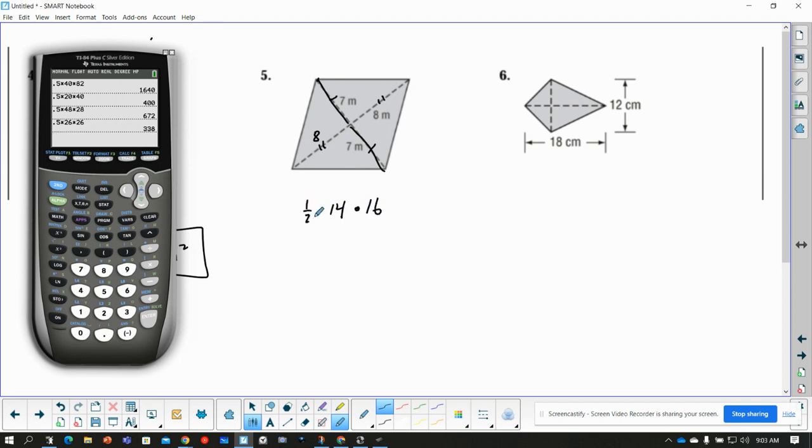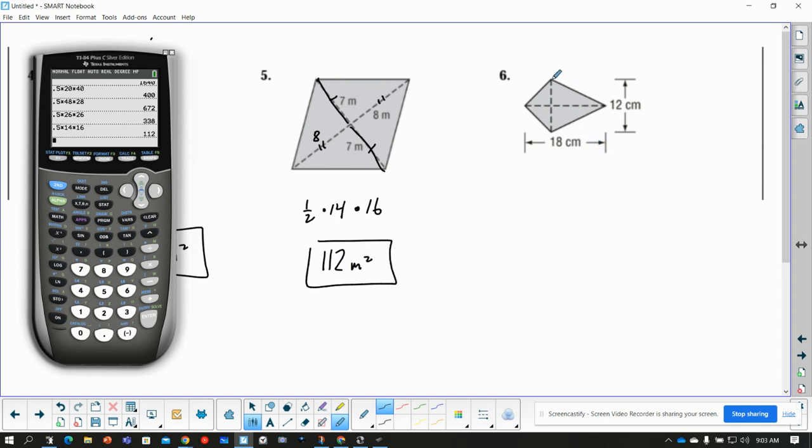So 1/2 times diagonal 1 times diagonal 2. And so 0.5 times diagonal 1, 14, times diagonal 2, 16. And we get 112. It'll be meters squared.